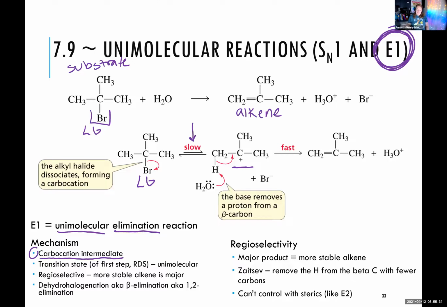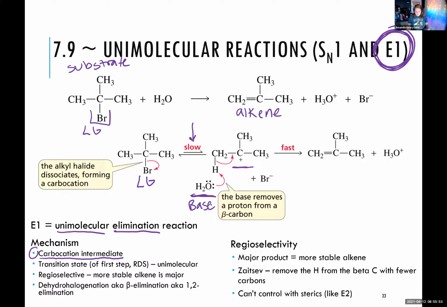The next step is a proton transfer. So here's our base. It's a base because it's removing a hydrogen. We know water can do a whole bunch of other things, but in this specific reaction, it's acting as a base. So the base is removing a hydrogen from the beta carbon.